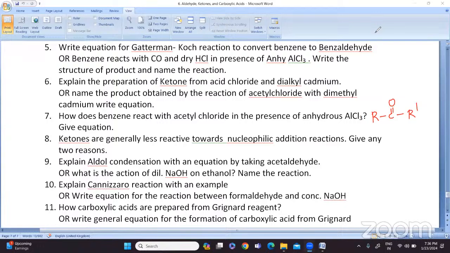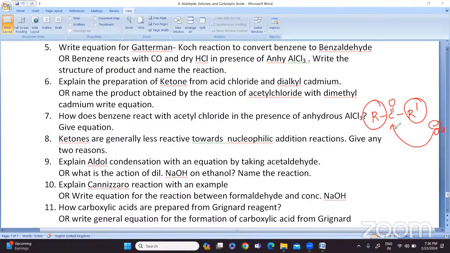Yes, Deepak has answered. One point is clear: due to steric hindrance. Yes, good. Because of the bulkier groups, the nucleophile cannot attack the carbonyl carbon, because R and R' can be bulky groups.